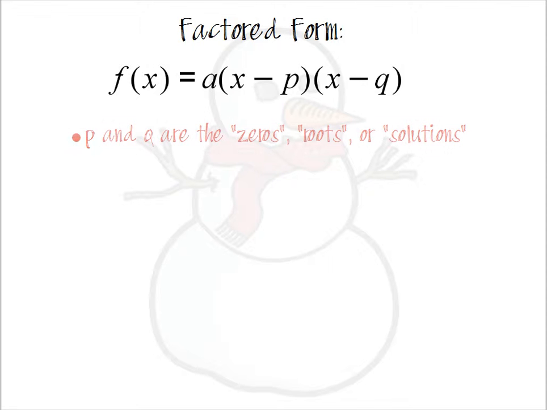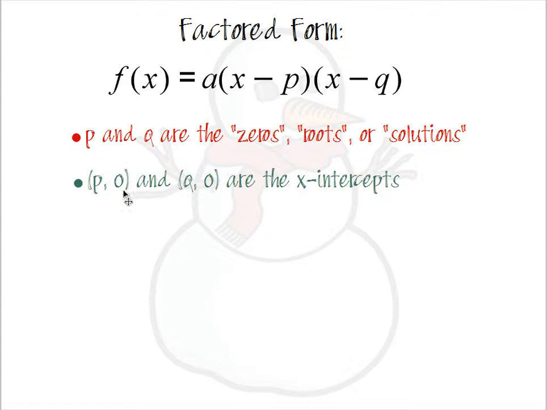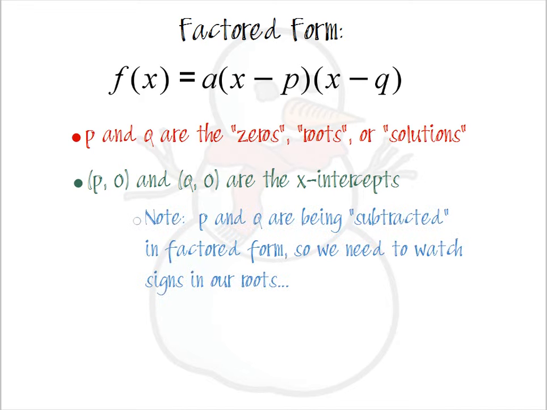Now in factored form, p and q are going to be our zeros, otherwise known as roots or solutions or x-intercepts, right? They have a lot of names. So (p, 0) and (q, 0) are my x-intercepts. I want you to take notice that p and q are both being subtracted from x. We're going to need to watch our signs in our factored forms to make sure that these two numbers are what's being subtracted from our x's.